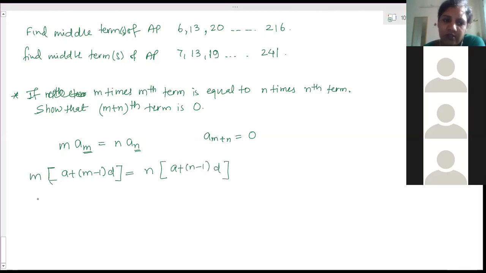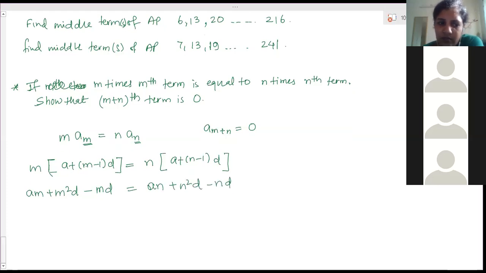Now simplify this. It will be am plus m square d minus md. Is that clear? An plus n square d minus nd.